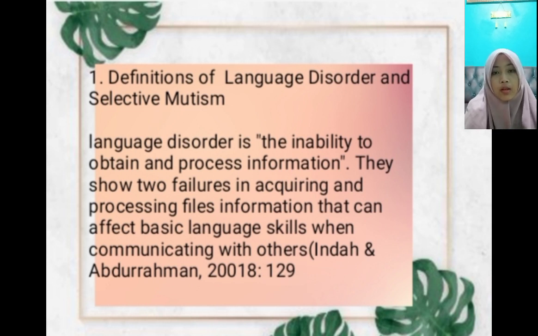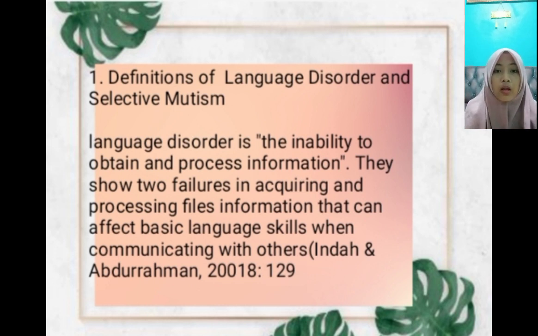Meanwhile, according to Vandal 2002, language disorder is a disorder that involves the processing of linguistic information. Possible problems can involve grammar, syntax, morphology, semantics, or other aspects of language.